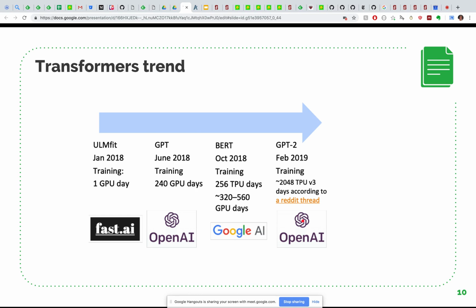There were the two GPT models from OpenAI, and especially the recent BERT model from Google. All these three models leverage the power of transformer models, which are also a recent trend for language modeling, and are another order of magnitude of scalability.